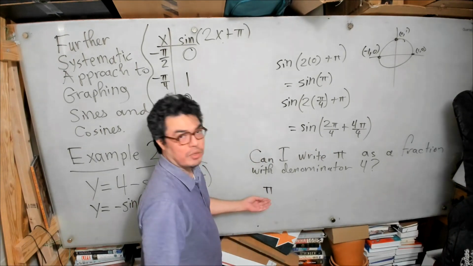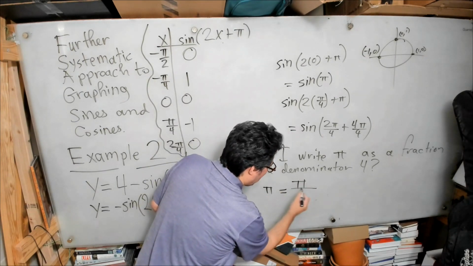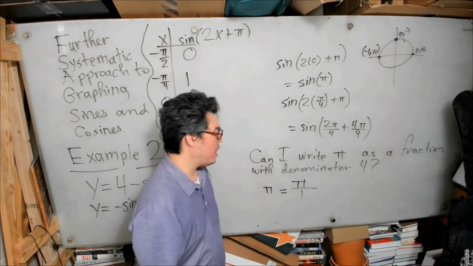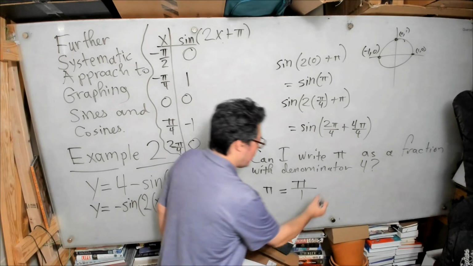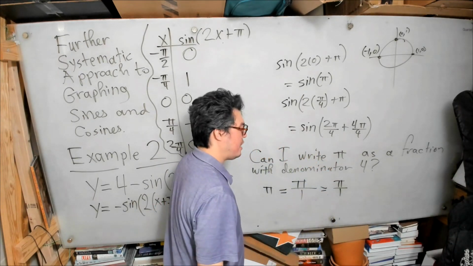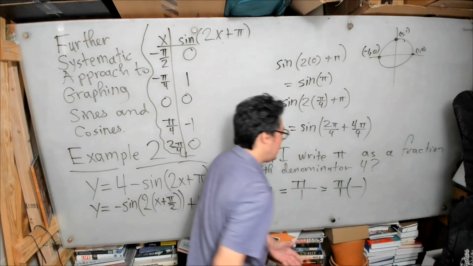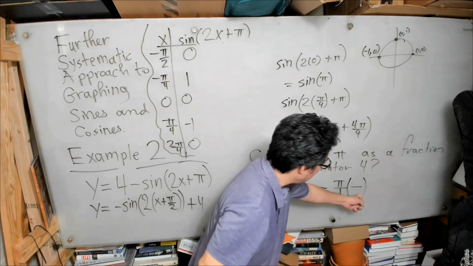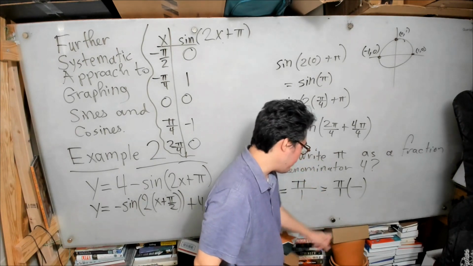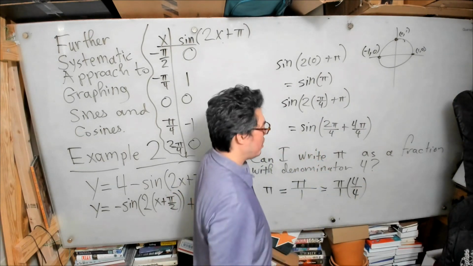And the first thing I do is I want to write it as a fraction. So I just set it as the numerator and set 1 as the denominator. Ta-da! It's a fraction now. But now I want it to have denominator 4. So what I need to do is multiply it by a fraction that equals 1, but that simultaneously will multiply with this denominator to give me 4. So I ask myself, what times 1 gives me 4? 4. Like this. So now I multiply the fractions.